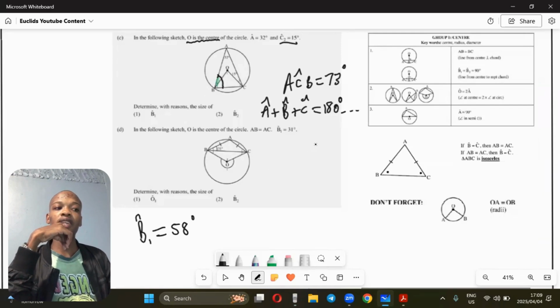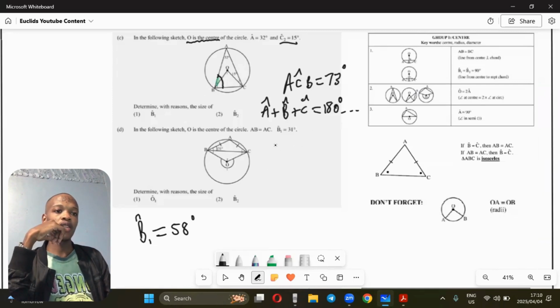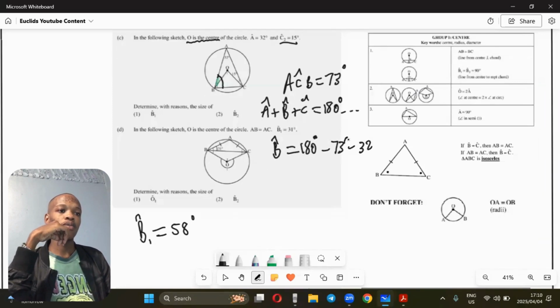You know the story. Let's substitute: for A it's 32, B is unknown, and C is 73. Let's transpose. So B is equal to 180 degrees minus 73 minus 32 degrees.